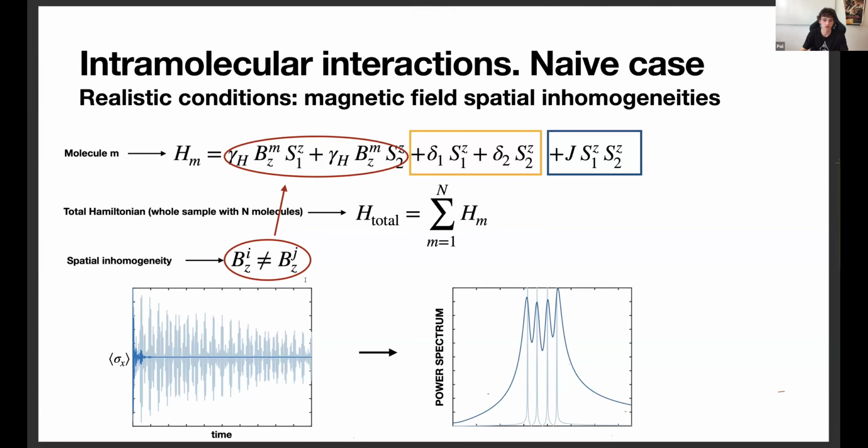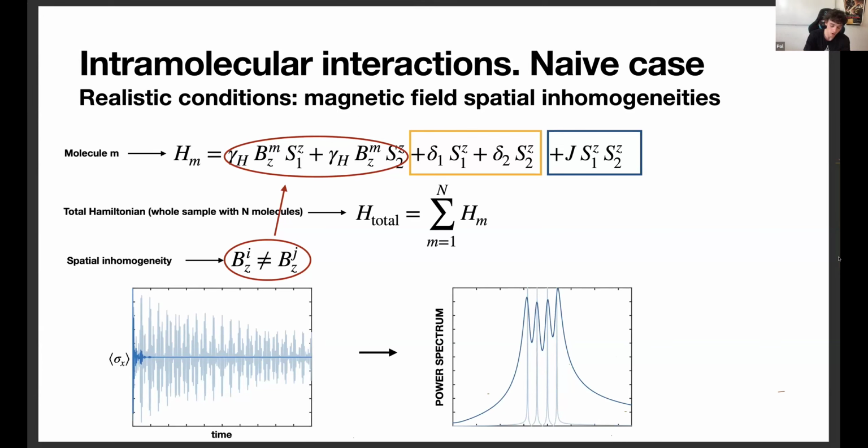And this is due to the fact that your magnetic field is not homogeneous. So in the end, due to the spatial inhomogeneities, you get worse frequency resolution because you're not as good at knowing what is the frequency that corresponds to each peak as in the perfect case. So due to these inhomogeneities, you lose frequency resolution.